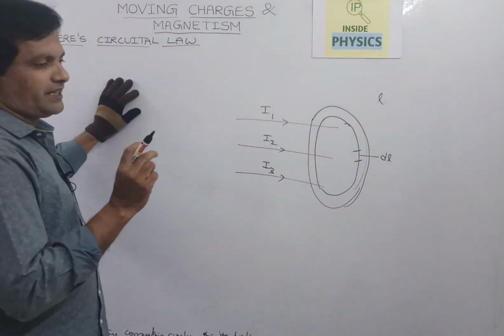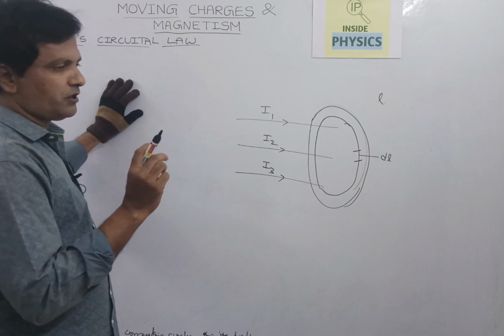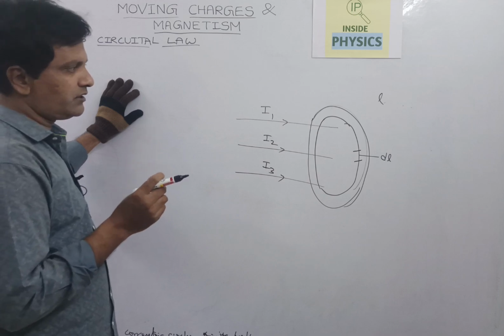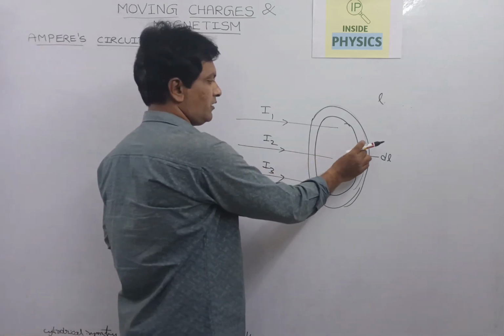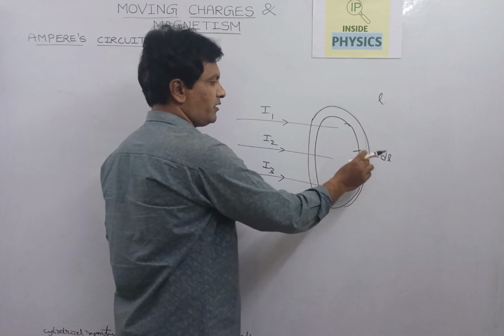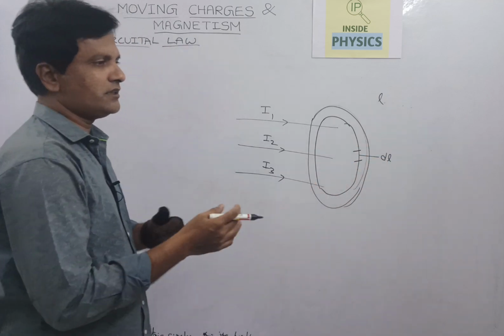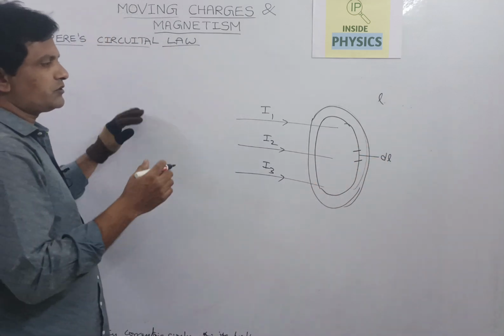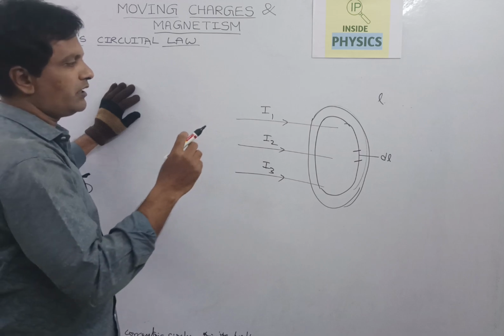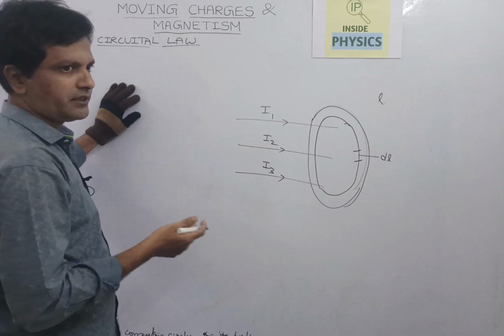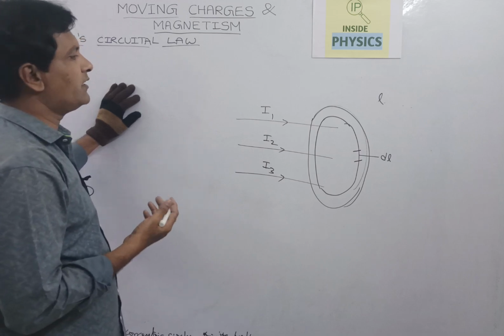So the length element will go smaller and smaller. If you consider the length element very small, the number of length elements will increase, right? If you sum all the small length elements, it will become an integration, it will become the integral.